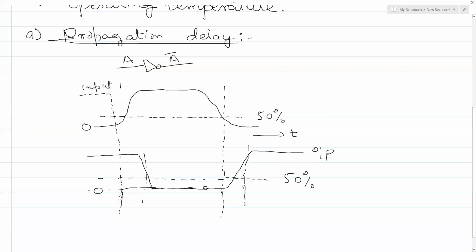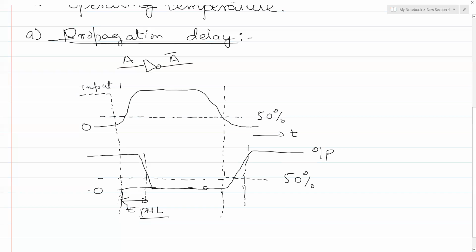The gap between these two, the time taken to go from 1 to 0, is called TPHL: the propagation delay in going from high to low.